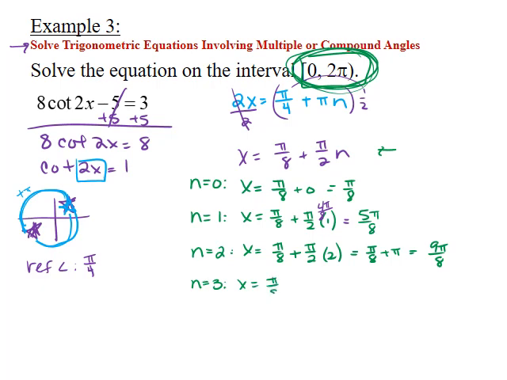Just keep trucking along. This gives us 13 pi over 8, which we can stop. And you'll see if you do plug in 4, you'll see that it's beyond 2 pi. So our solution here is pi over 8, 5 pi over 8, 9 pi over 8, and 13 pi over 8.